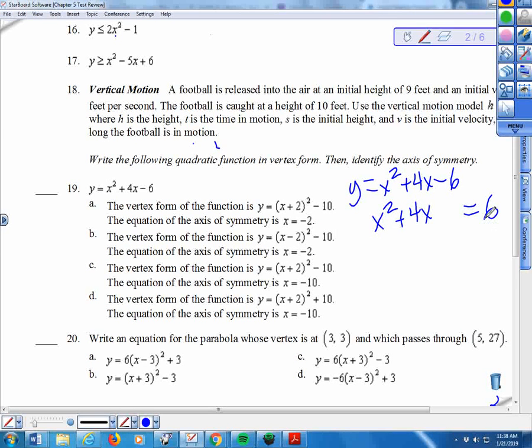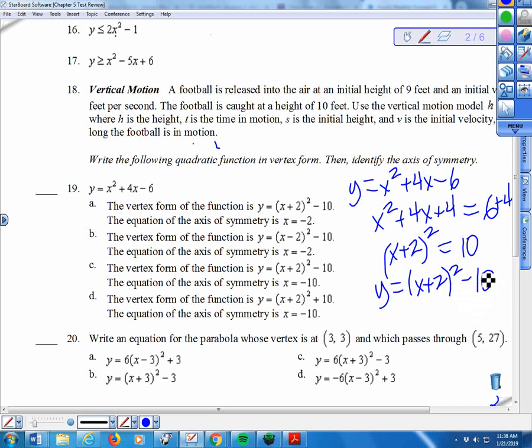Take half of this, which is 2, and square it. Now I want to get it back into a y equals. So I'm going to subtract the 10, and now it's in vertex form.